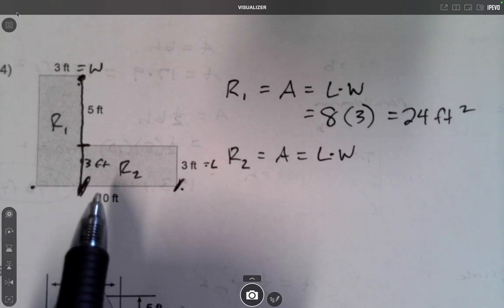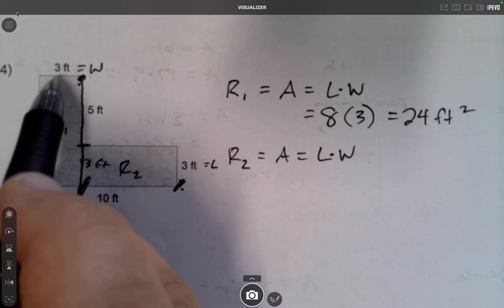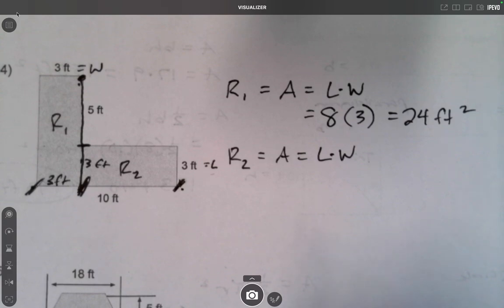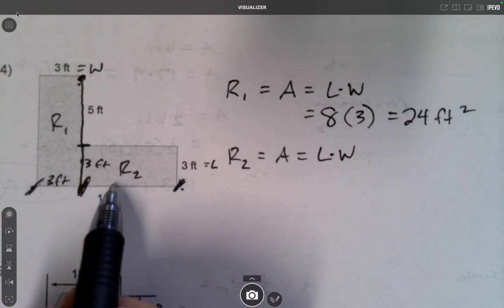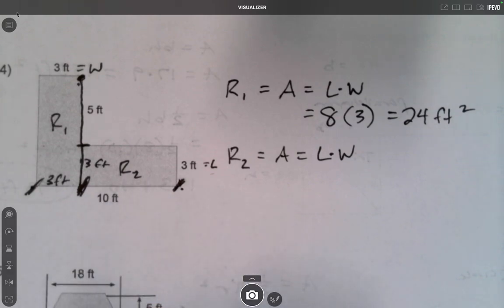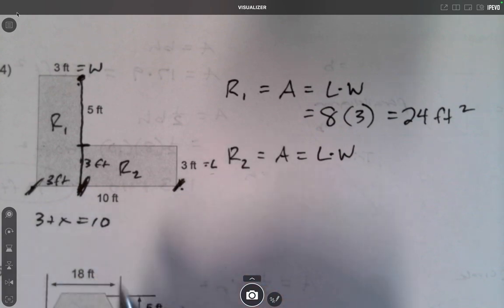So here we have to consider that if this whole thing is 10 feet, and we can see from up here, this piece is 3 feet, we know 3 feet plus this amount, or this length, has to add up to 10 feet. So it's 3 plus what equals 10 feet.